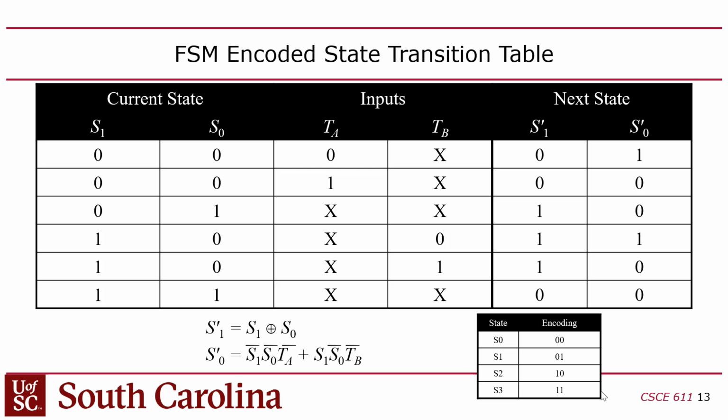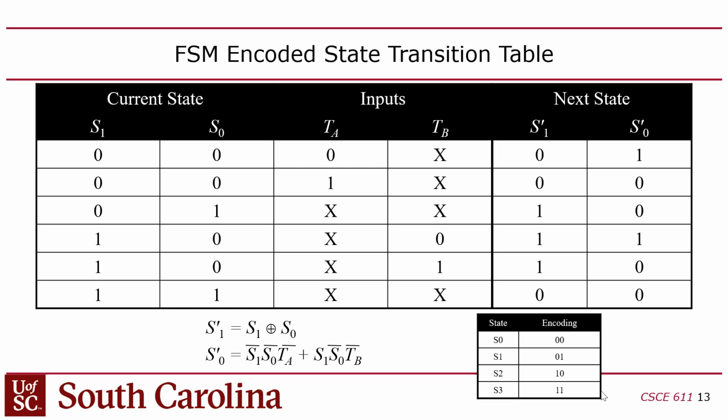So notice that the notation here is S sub 1 prime is the next S1, what it'll be in the next cycle. So the next state is the output, the current state is an input, and then of course the traffic sensors are TA, TB.